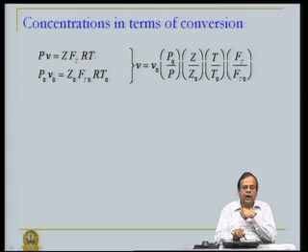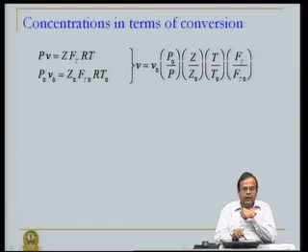This is nothing but the ideal gas law if the compressibility factor Z is unity. But for a general equation of state we can write PV equal to Z F RT at the exit of the reactor, and at the entry of the reactor, subscript O denotes the entry.